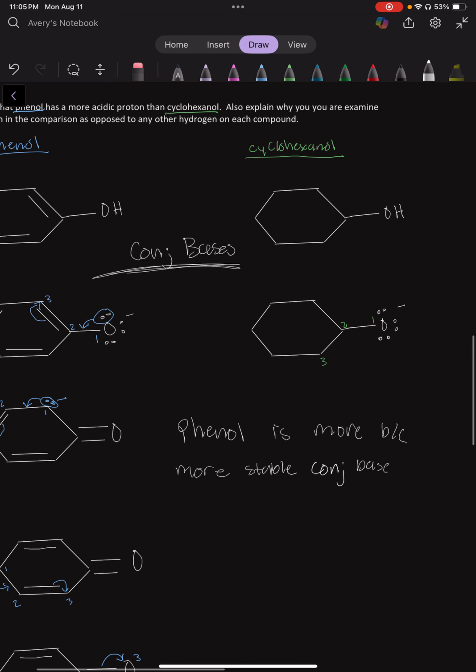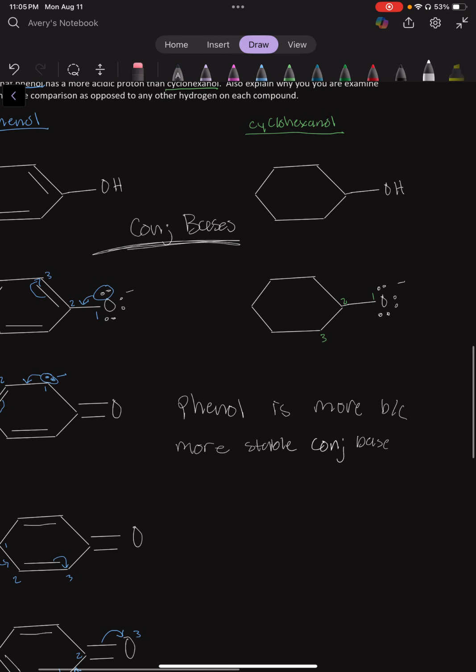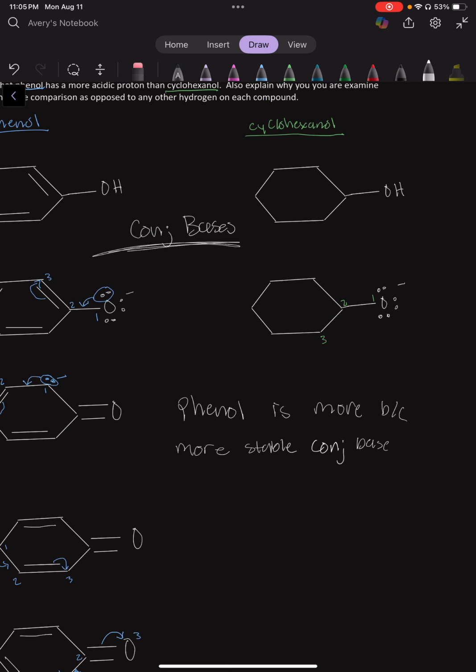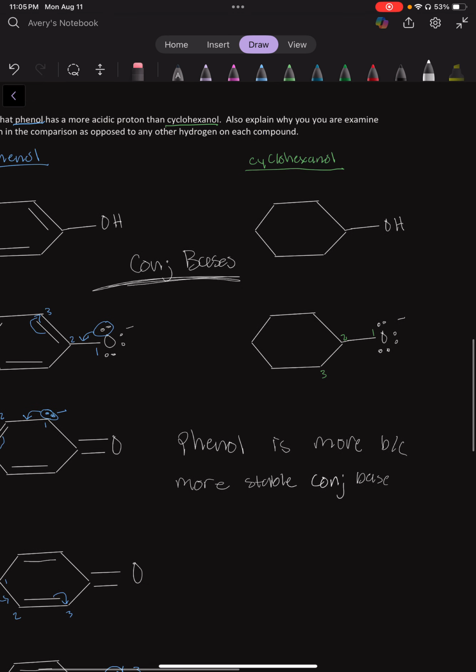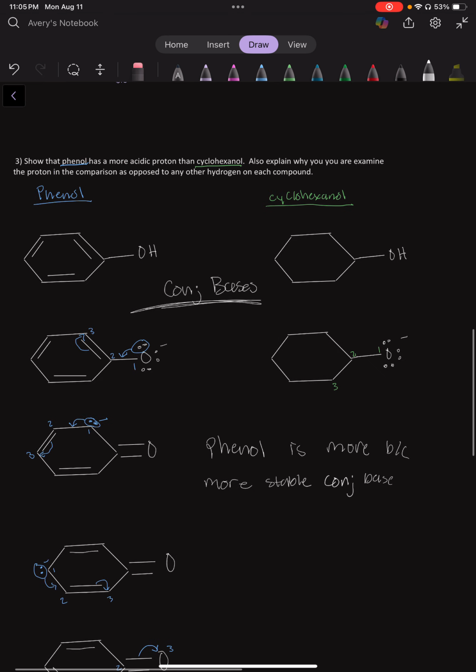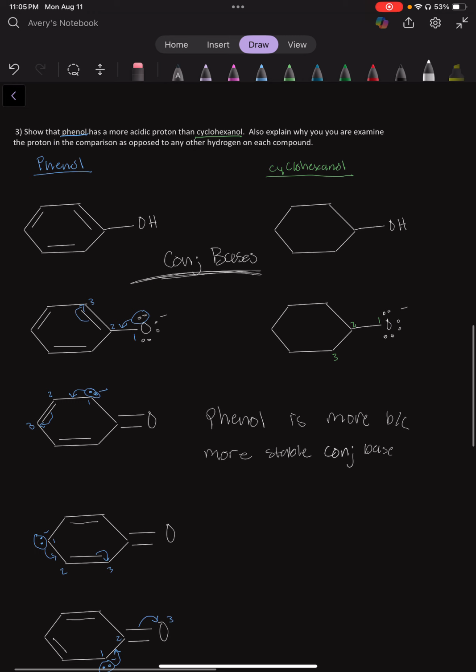In comparison to cyclohexanol, which cannot do that. So it's a very unstable conjugate base, which makes for a very weak acid. So phenol is the stronger acid.